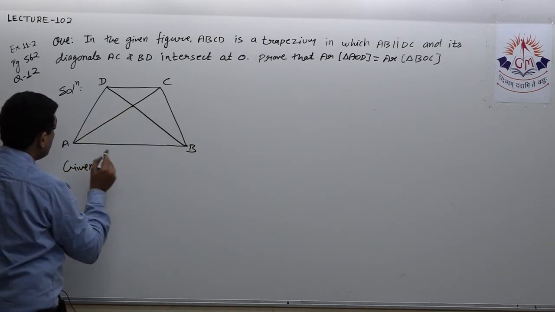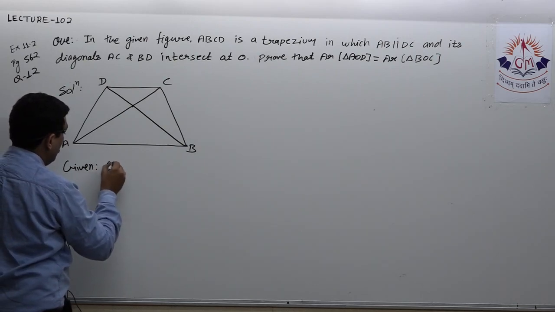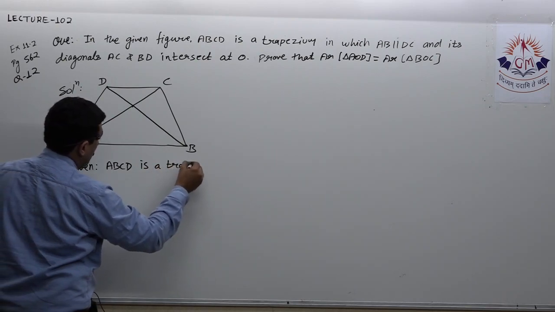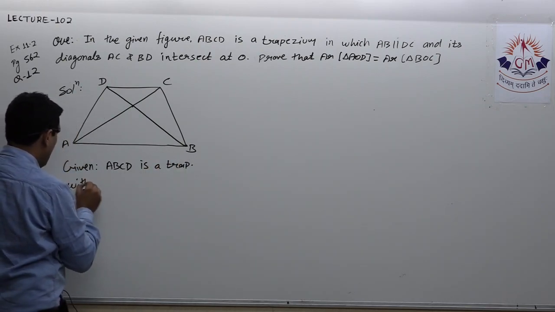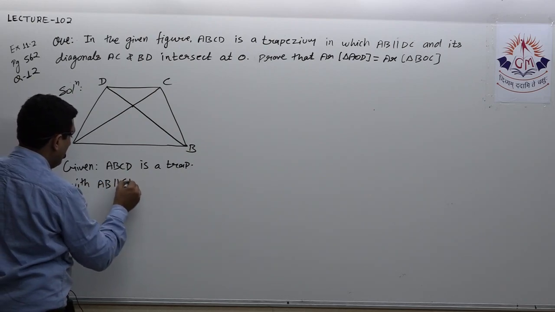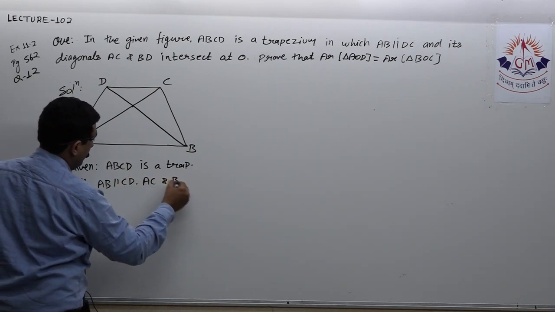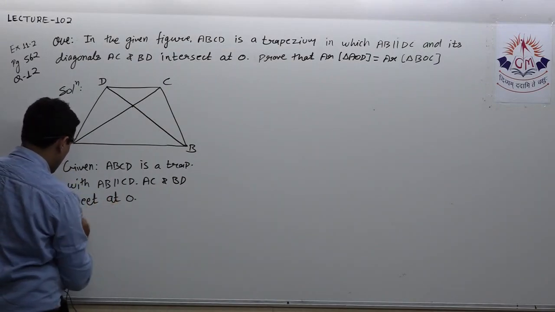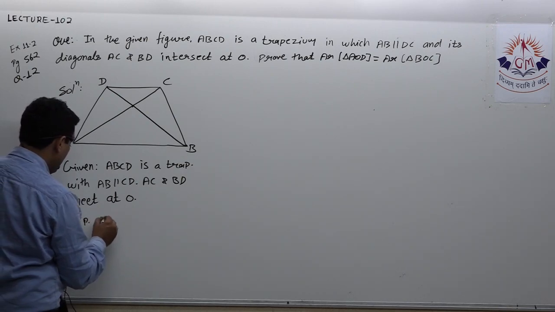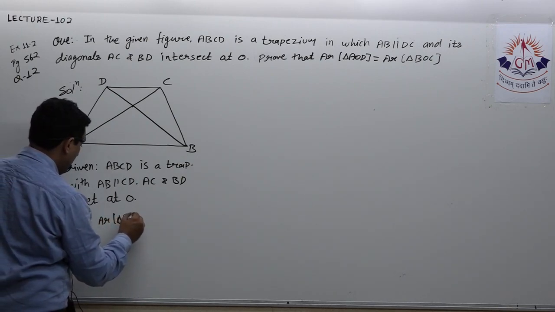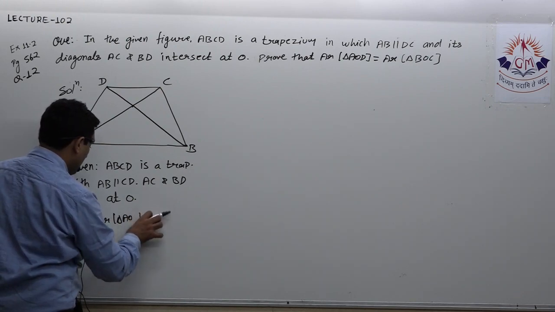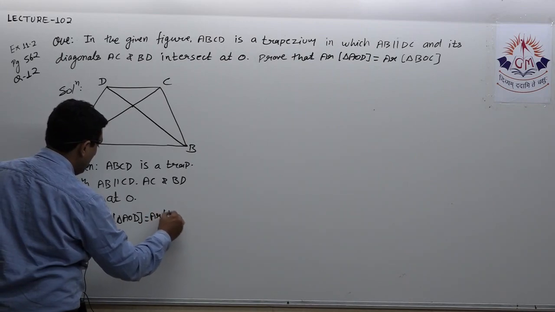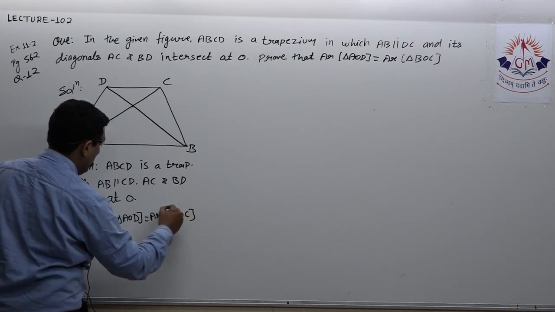Given: ABCD is a trapezium with AB parallel to CD. AC and BD meet at O. To prove: area triangle AOD is equal to area triangle BOC.